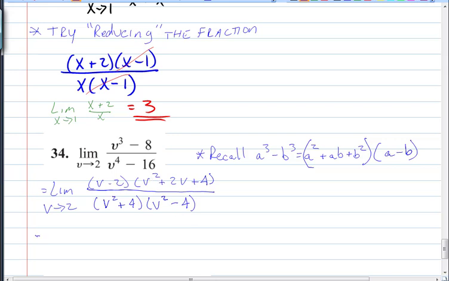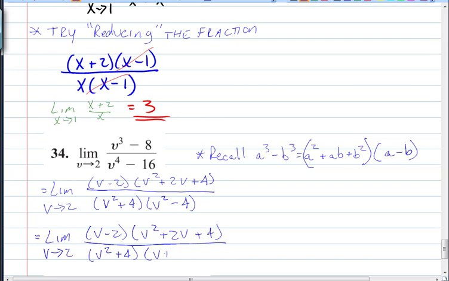So this is going to be the limit as v approaches 2 of v minus 2 times v squared plus 2v plus 4 over the sum of two squares, which will not factor, but the difference of two squares will.